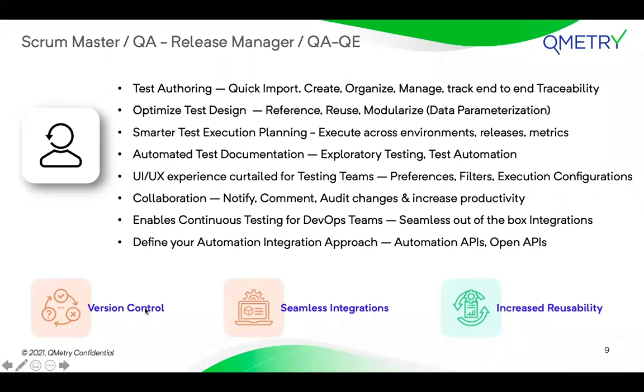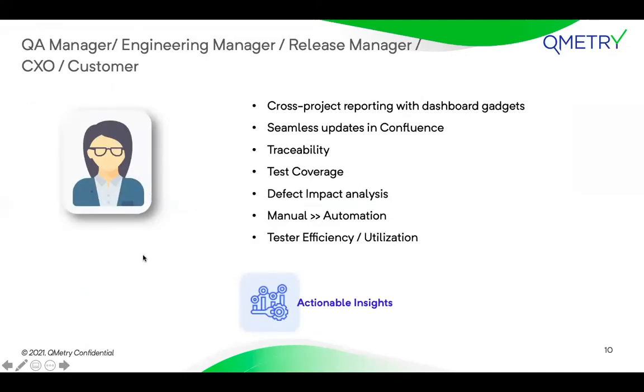And as I mentioned earlier, QMetry offers the best of layered approach as well. So it offers an enterprise-grade version control mechanism across the test assets. You'd be able to track who made a change, when, at what timestamp, and what changes were made to which specific field itself. Right?